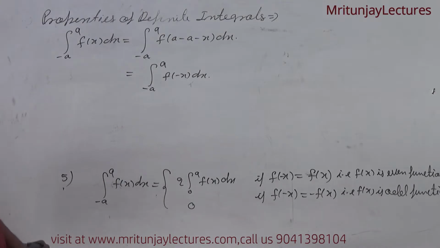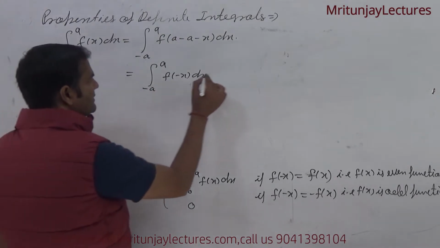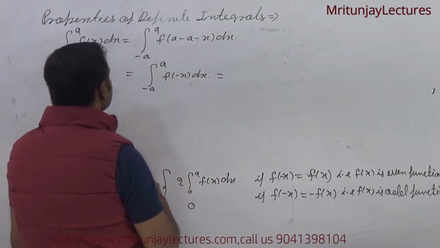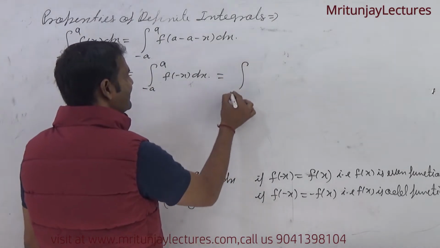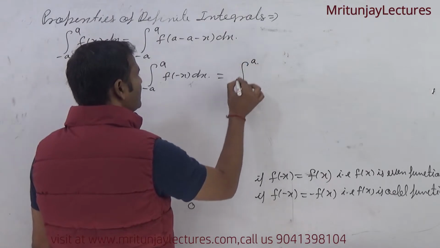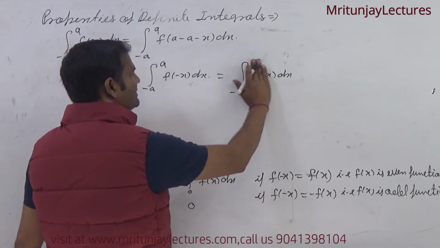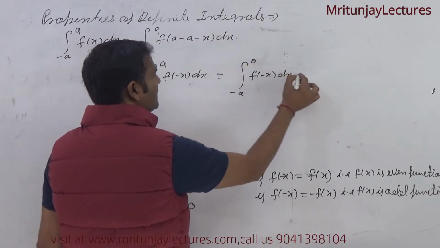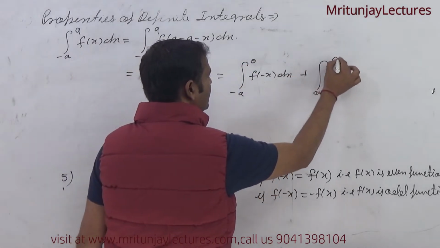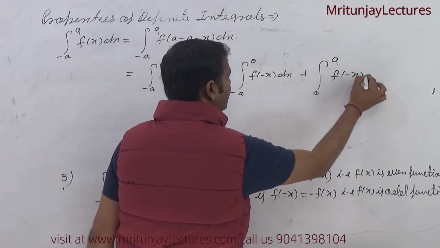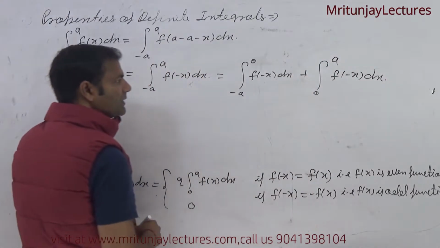Now another way, this is written as integral from minus a to 0 and 0 to a of f of minus x dx. Clear?